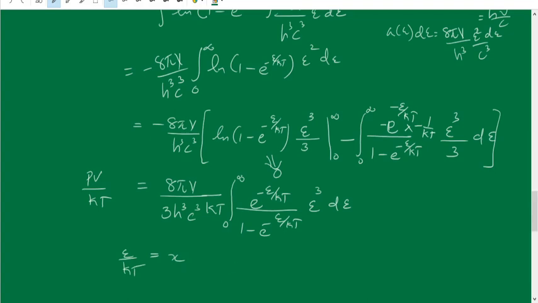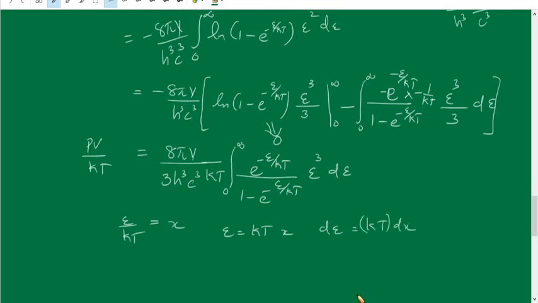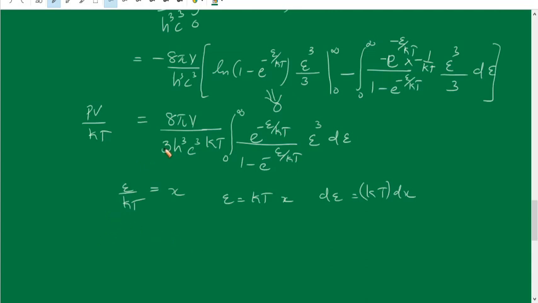Therefore ε is equal to kT times x, and dε is equal to kT dx. Substituting this here, the kT cancels.